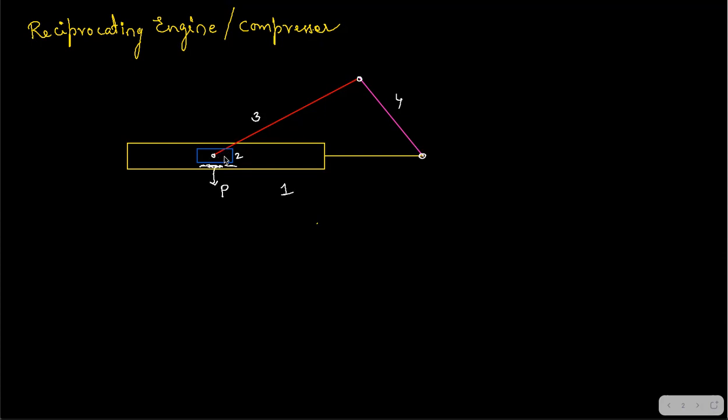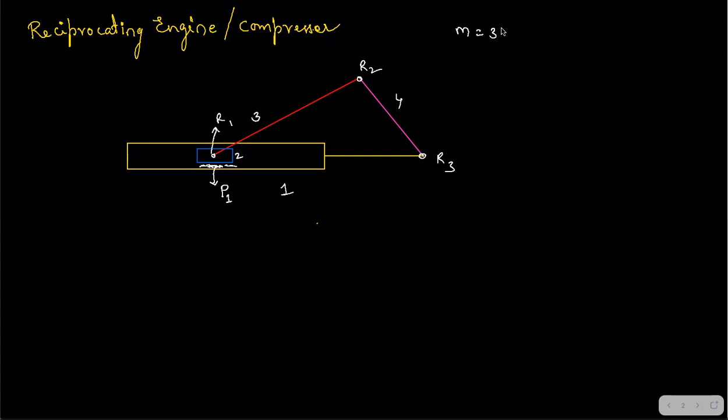2 and 3. 2 is the blue one and 3 is the red one, right? So this is a revolute joint. Between 3 and 4, you have the second revolute joint, and 4 and 1, the third revolute joint. So 1 prismatic joint and 3 revolute joints. Fine, I'll write here P1, the first prismatic joint. So if you are going to substitute this in the equation of mobility, just check it.